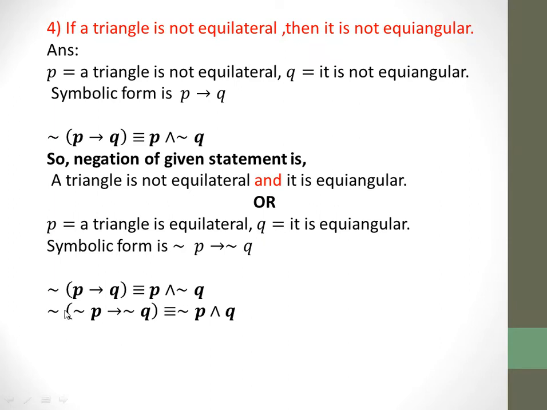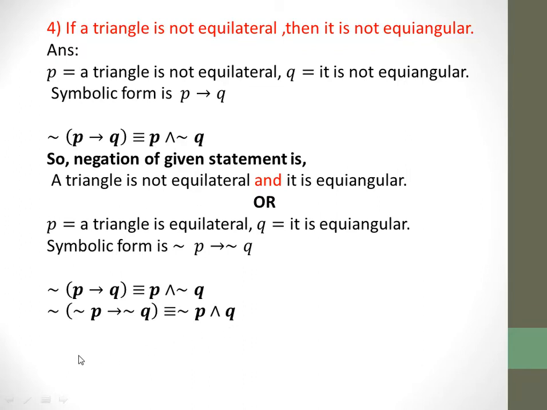Negation P implies negation Q will be equivalent to negation P, written as it is, and then negation of negation Q, that is Q. Means if you compare this with the original rule, you have to write the negation of the given symbolic form as negation P and Q.